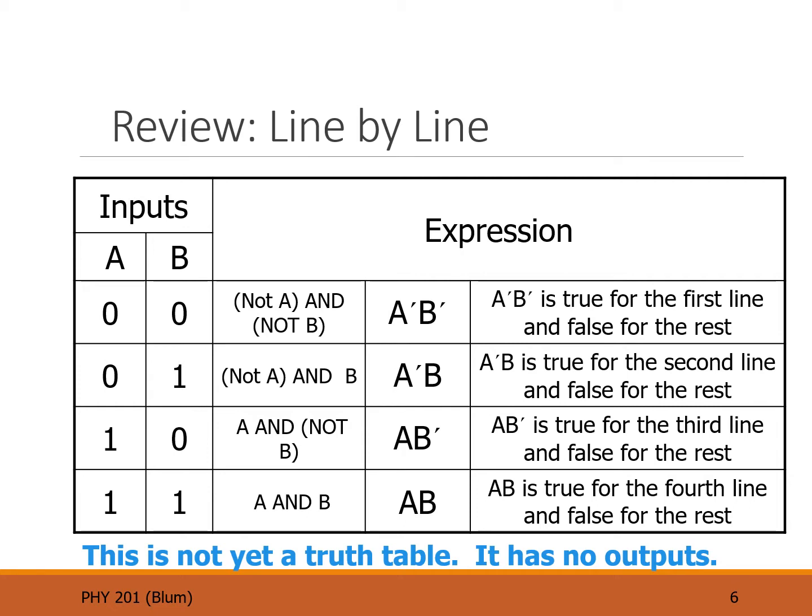For instance, the row with A 0 and B 1 would be represented by A prime B. So the 0 A gets inverted to be a 1. It gets ANDed with the 1 that is B, giving you an output of 1 for that row, and that term A prime B would be 0 for all other rows. This is not yet a truth table, it's just a way to build up to express a truth table.